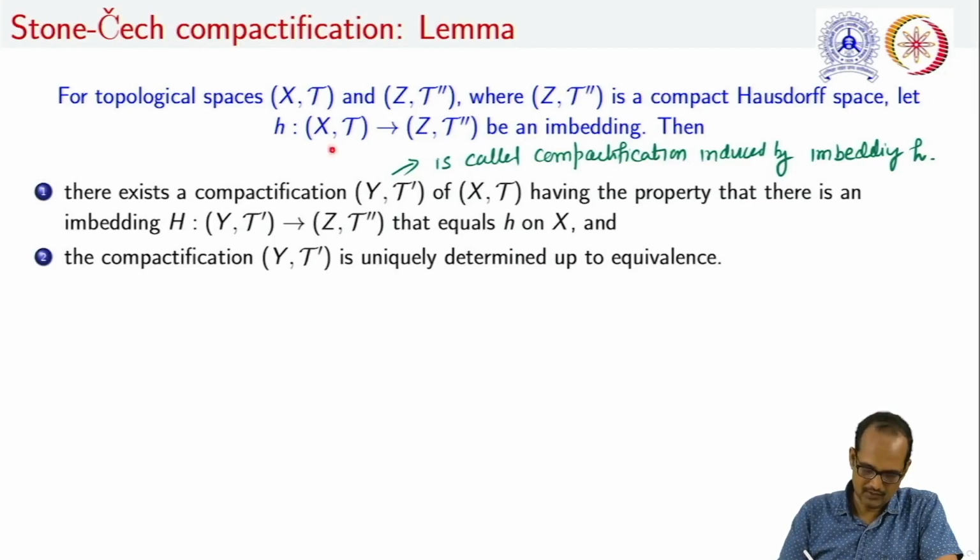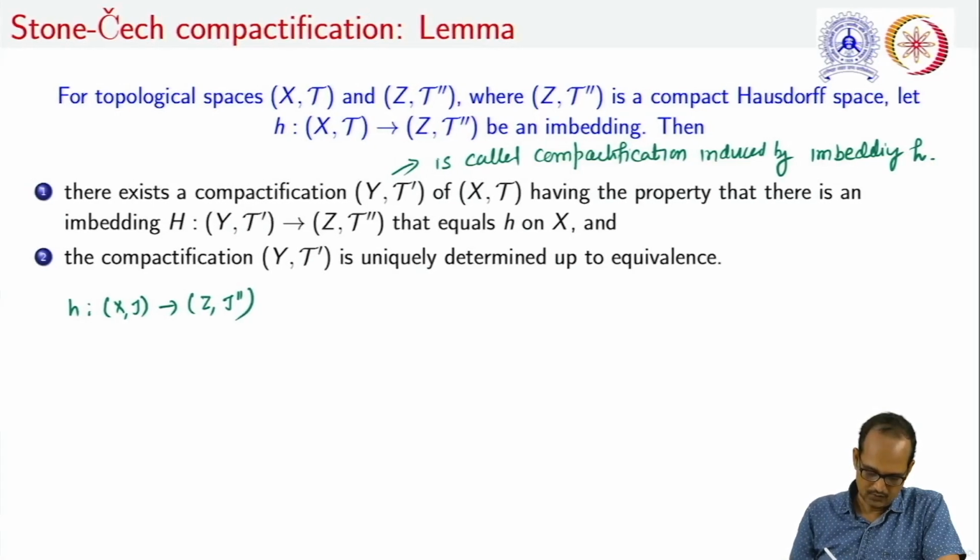Begin with what we have in our hand, that this is an embedding. So here this is an embedding H from this topological space (X, tau) to the topological space (Z, tau double dash). Now as it is a function, this will send X to H(X).